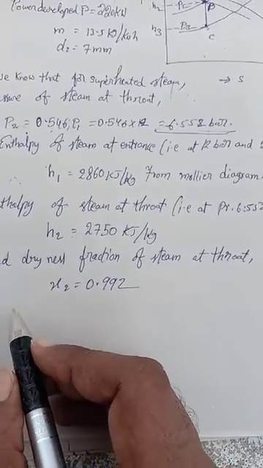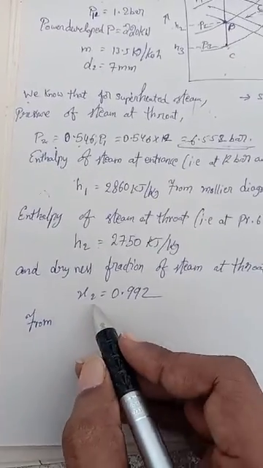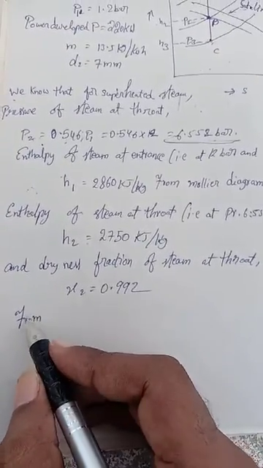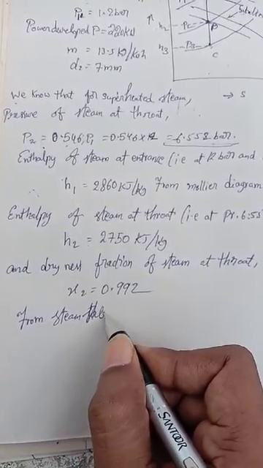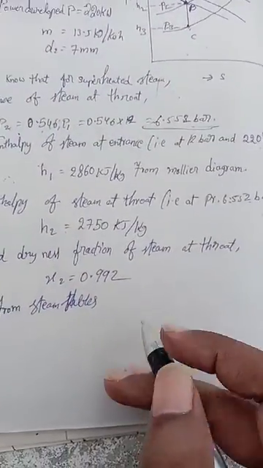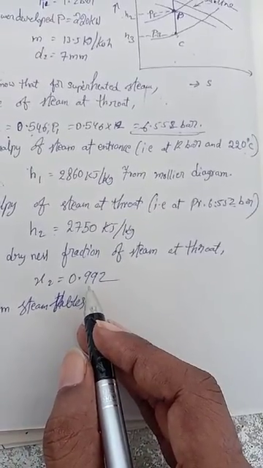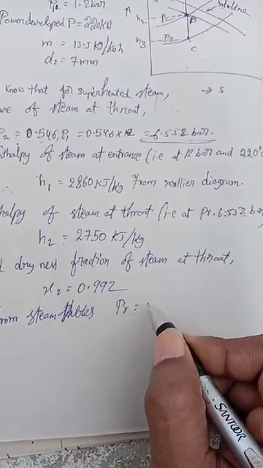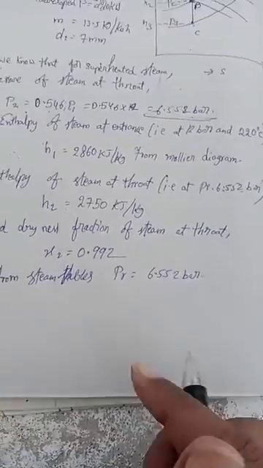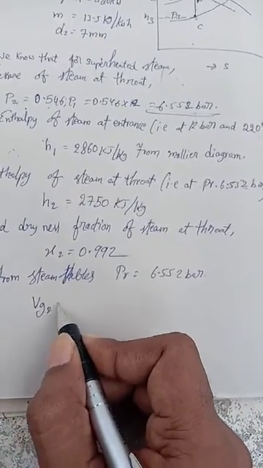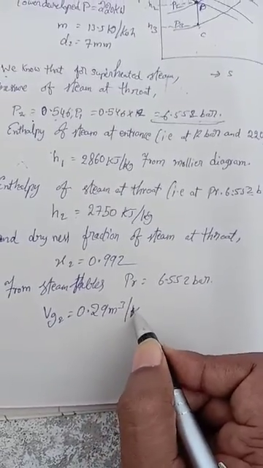Now from steam tables we find the specific volume of dry saturated steam at the throat, that is at pressure 6.552 bar. Vg2 is equal to 0.29 meter cube per kg.